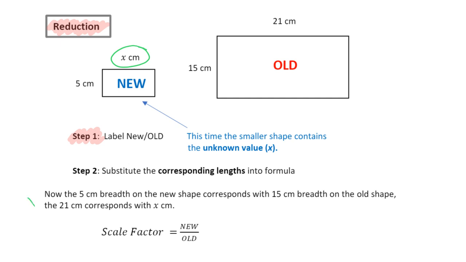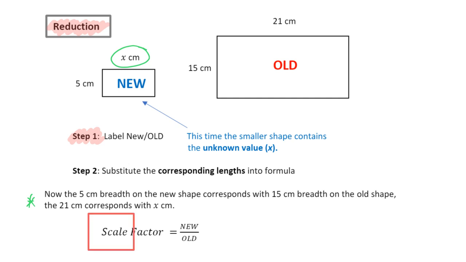At the bottom, I see now the 5 centimeter breadth on the new shape corresponds with the 15 centimeter breadth on the old shape, and this time the 21 centimeter corresponds with the X centimeters rather than the 7 centimeters in the previous example.